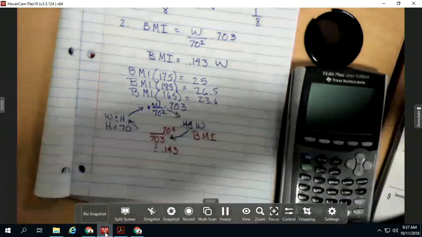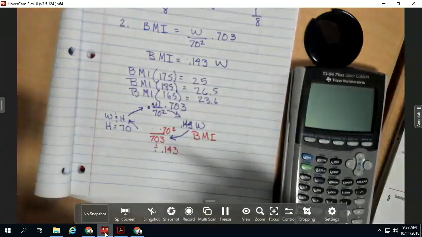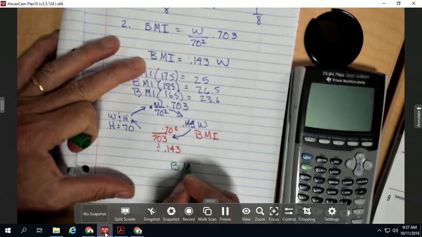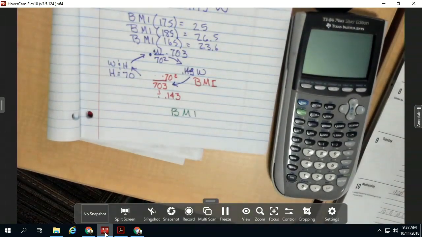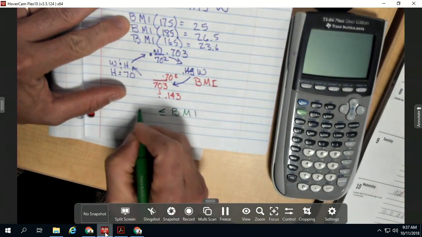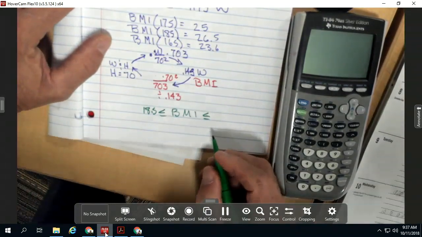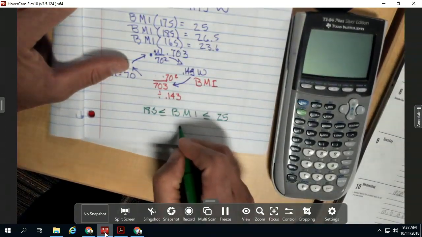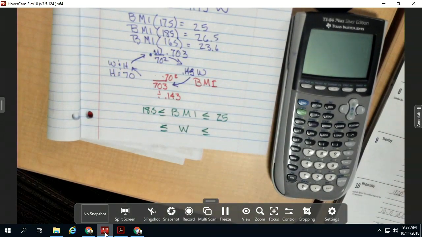So let's think about the problem according to the ideals. What is the ideal BMI? Or not ideal, what did it say, normal? Healthy. So it's between 18.5 and 25. What does that make the weight between for a person who is 5'10"? Using that formula, what should we do?